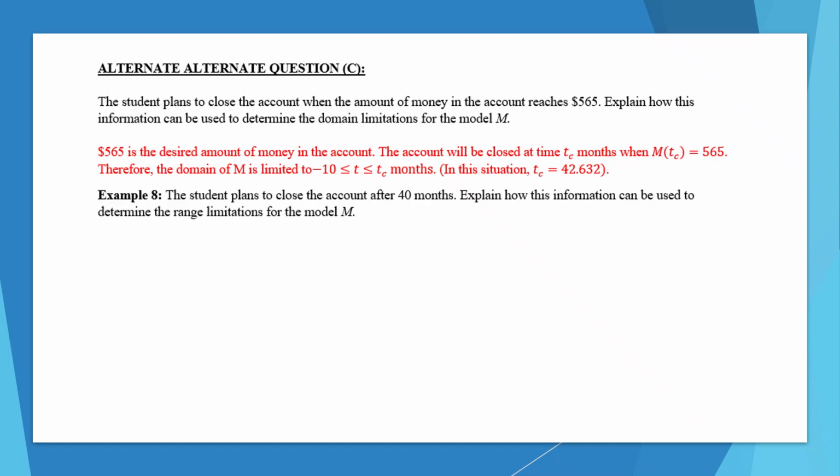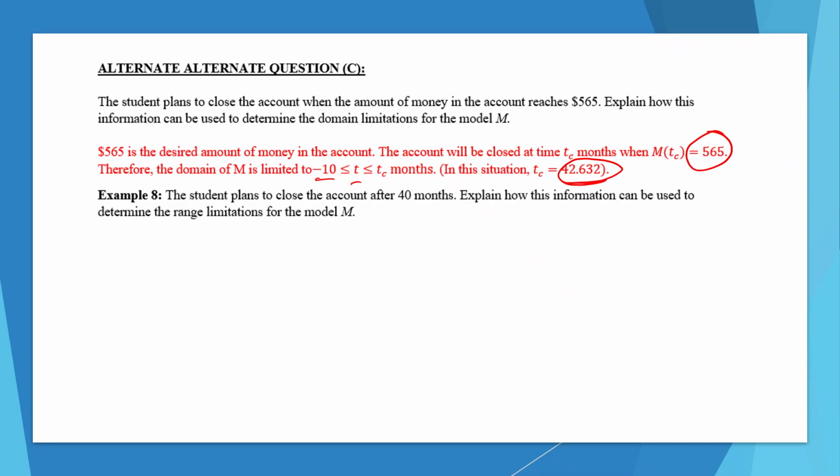The account will be closed at time t equals c months, where basically that x value, you plug it in and it's going to hit 565. Therefore, the domain is limited to -10 to t2, in this situation, 42.632 months.